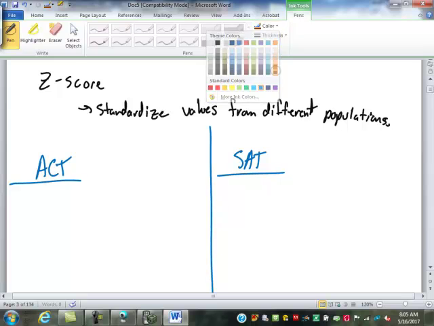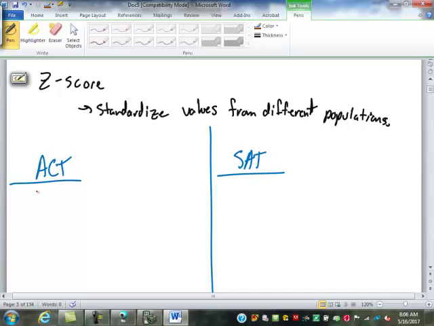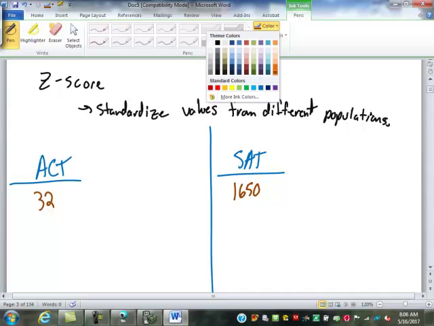And let's say you're going to evaluate somebody who took these tests, and you're going to compare two people. One person comes to you, scored a 32 on the ACT. Another person comes to you and scored a 1650 on the SAT. And you want to know which is a more impressive score. They're both pretty good, by the way.